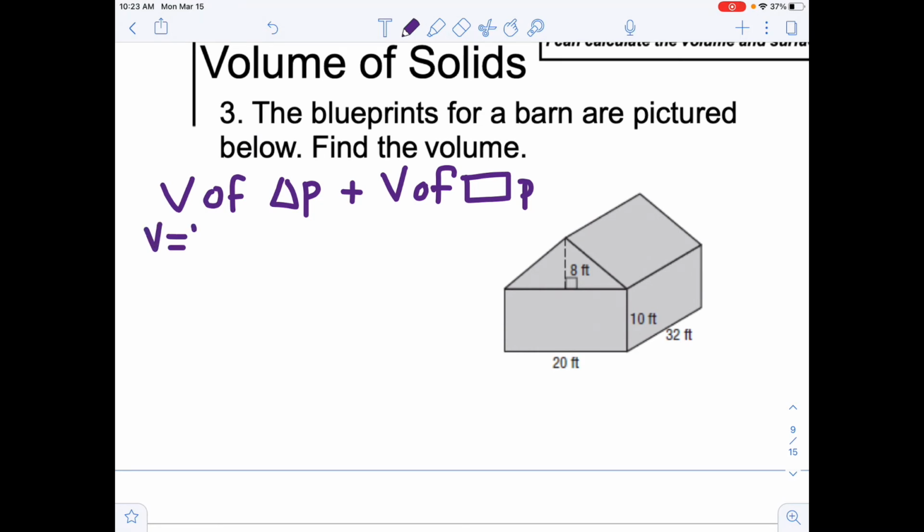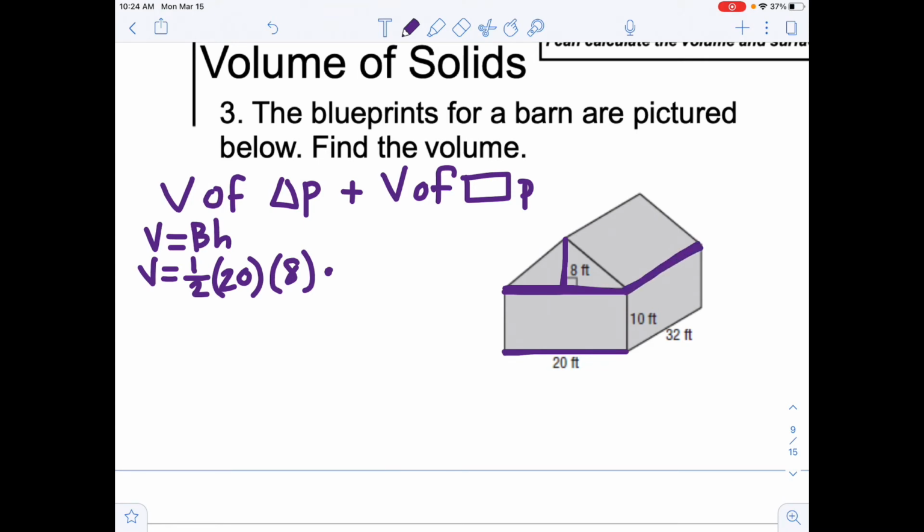So I know that volume is area of the base times the height. So my base is the triangles, so 1/2 times the base of my triangle is this length here, which is parallel to the rectangular base, so it's 20. The height of my triangle is 8 times the height of my prism.